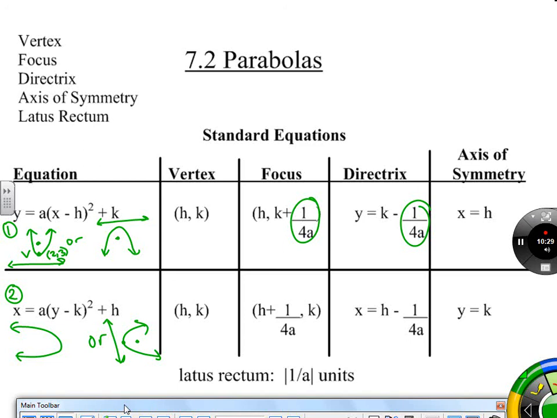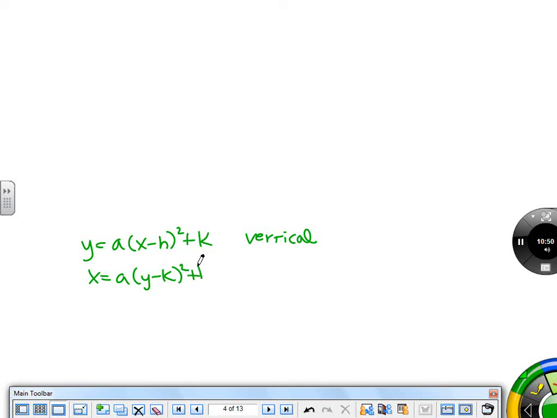I think, like I said, this is what it boils down to for me. I know that this is some sort of vertical parabola. I know that this is some sort of horizontal parabola.